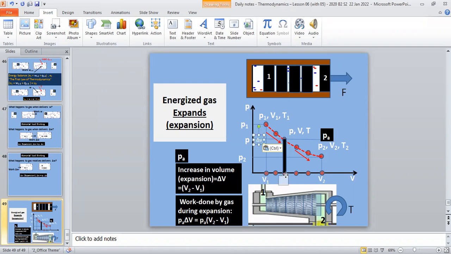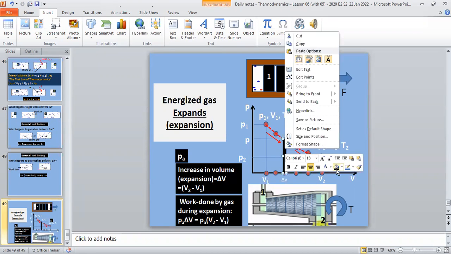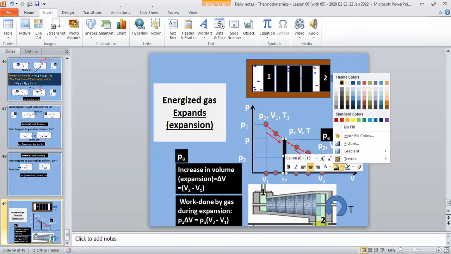Here is delta V. And here you can see P. So P times delta V is the area here.